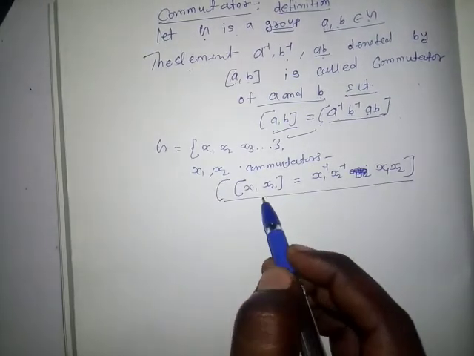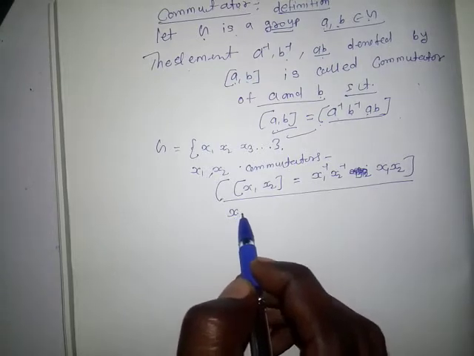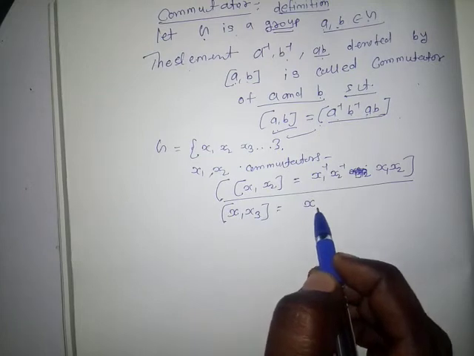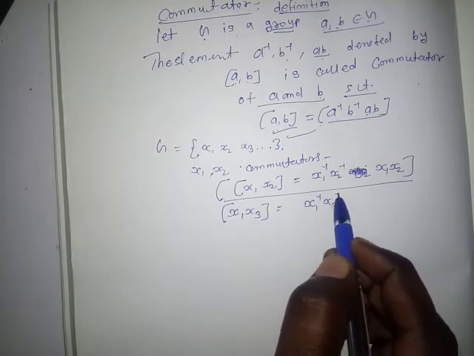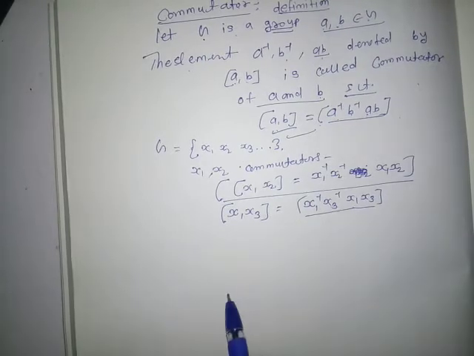Okay students, these are other elements of the group. And [x1, x3] equals x1 inverse x3 inverse x1 x3. This is another commutator.